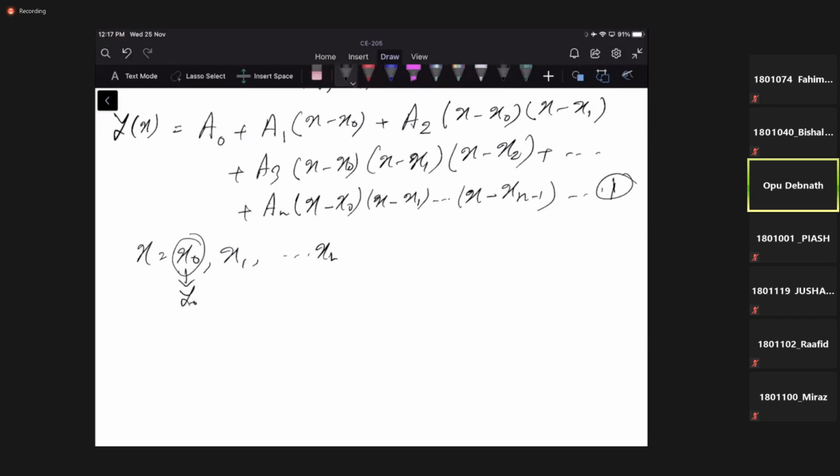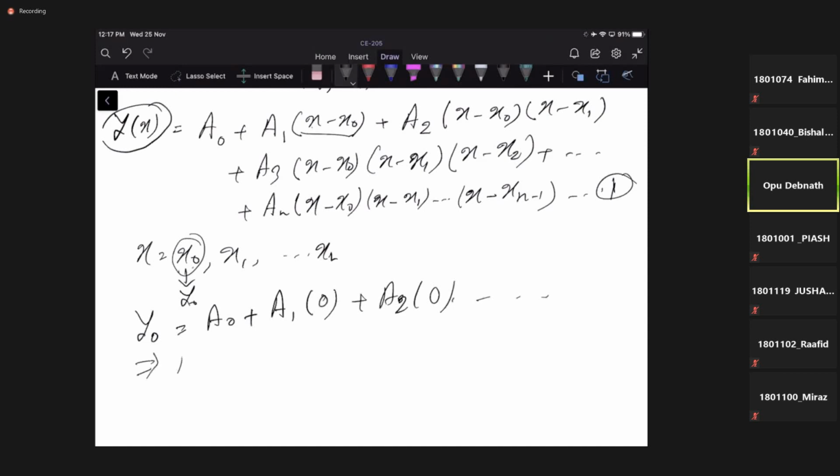So y of x0 is y0, which equals a0 plus a1 multiplied by zero, and the other terms also become 0. That yields a0 is equal to y0.